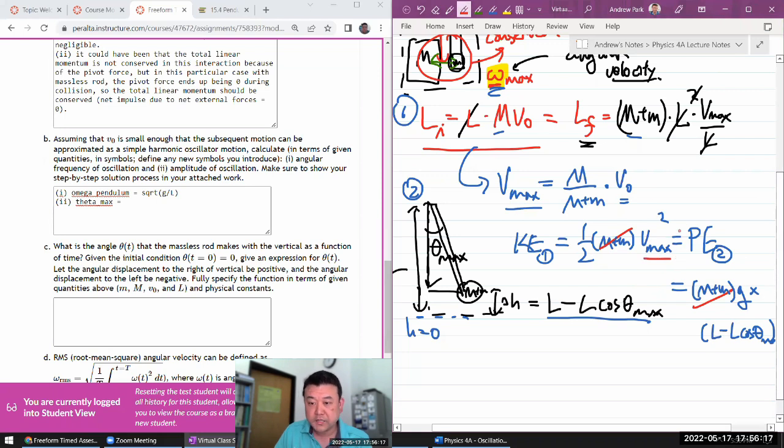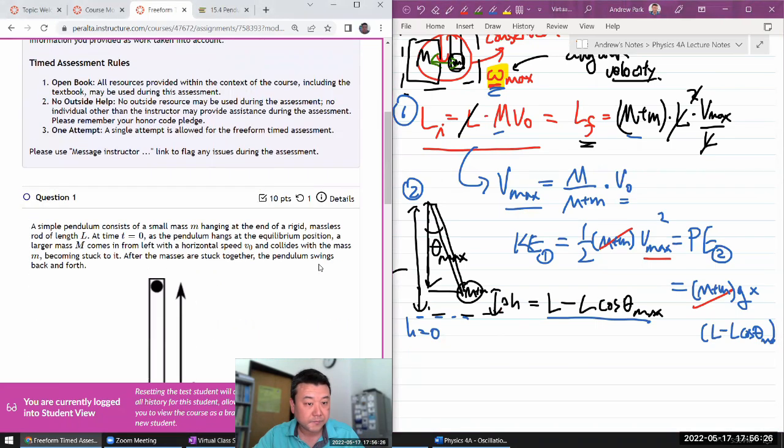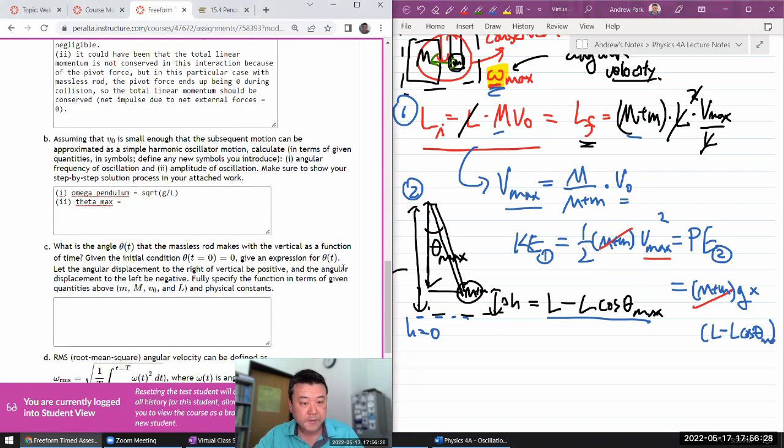I need to plug in an expression for Vmax. And let me just look at the time. 5 minutes, okay. I think I have enough time to solve for it. Or let me just do it this way.